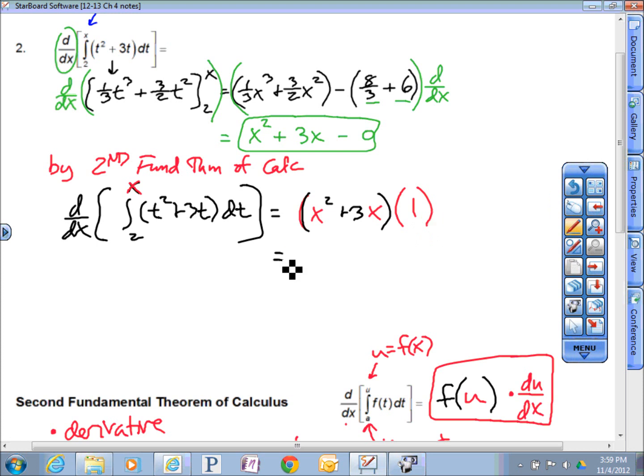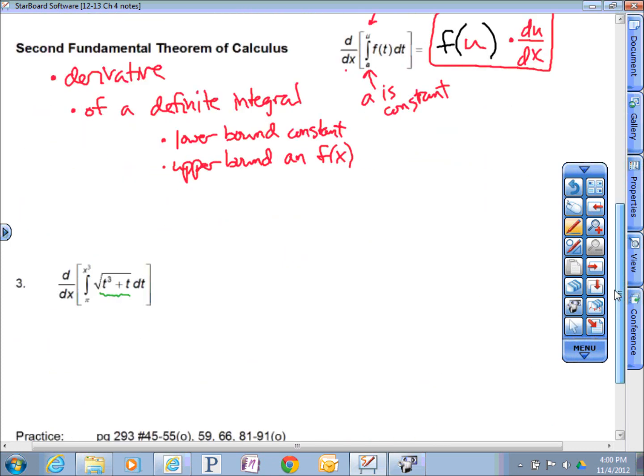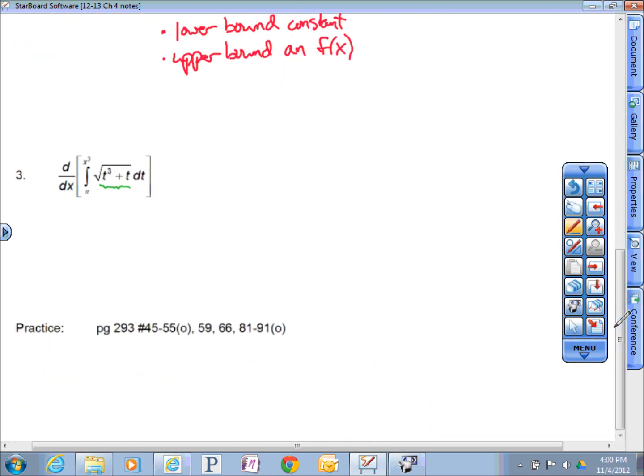If I do that, what I have in one step matches specifically with what I did in the 2 steps up there on the top. So I'm using problem number 2 to illustrate the difference in how much work it is and how much more efficient it is to use the second fundamental theorem of calculus. I have to use it on problem number 3. I don't have a choice, because this is an integral we don't know how to do.